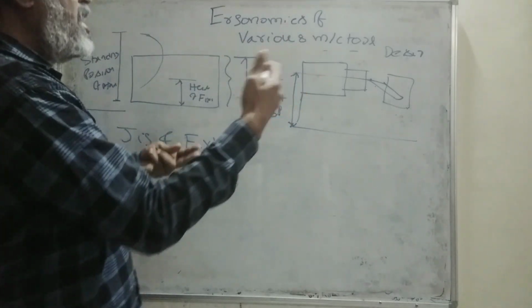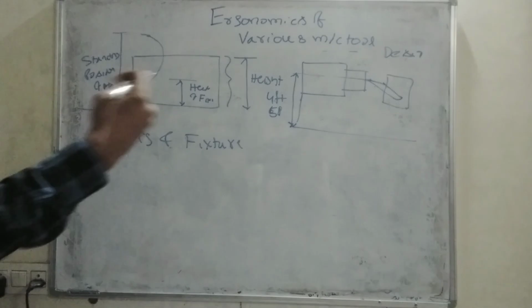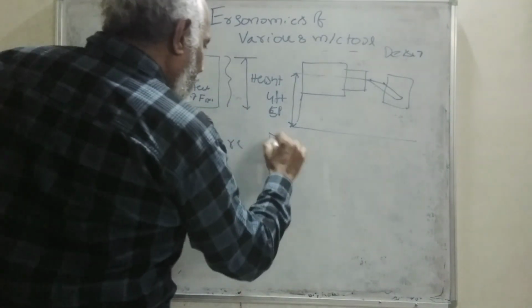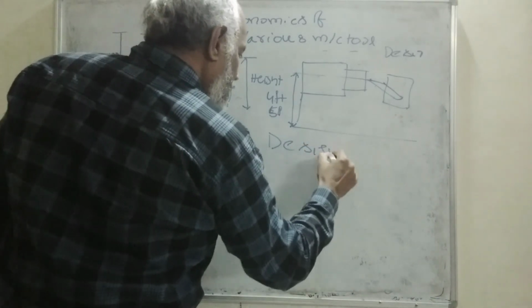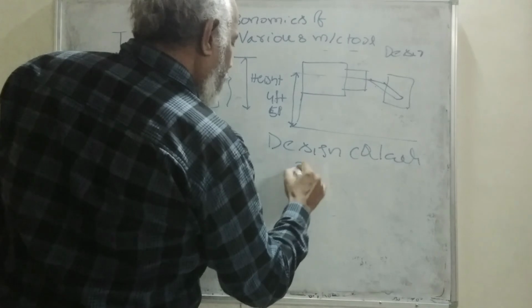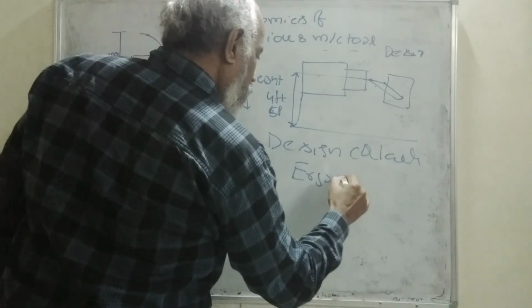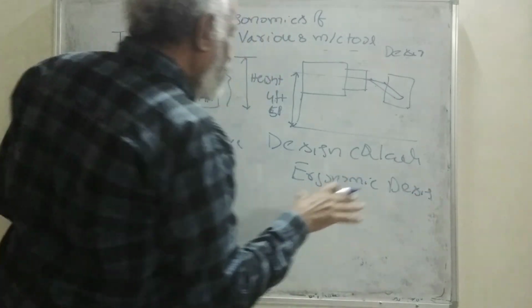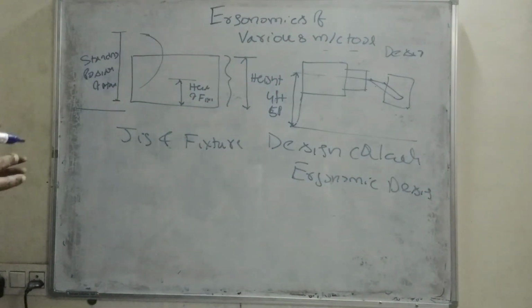That is the criterion of ergonomics of machine tools. So design calculations and ergonomic design, these two are going to finalize the correct dimensions of a machine tool.